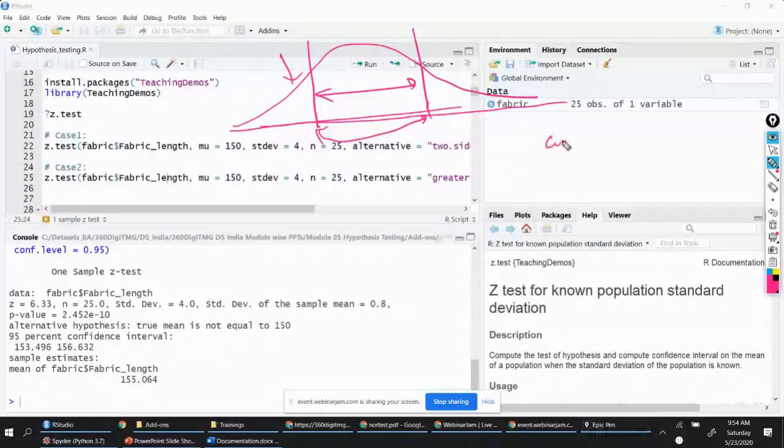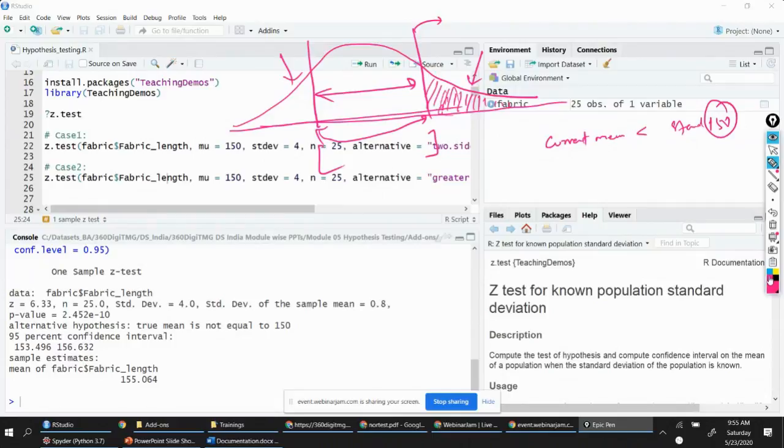You're saying the current mean is less than standard, right? Which is 150. So the interval values that you have are less than 150. That means you're saying your null hypothesis or your 150 is falling somewhere here. Right? That's what you are basically saying. Greater than 150. Or you can say these values are less than 150.